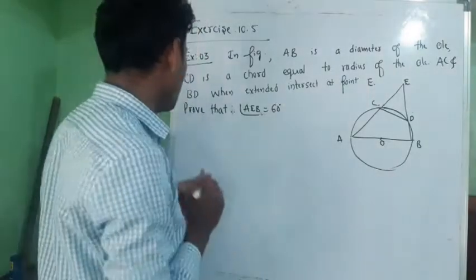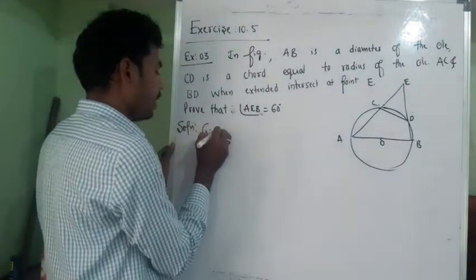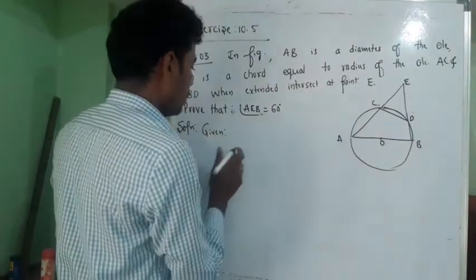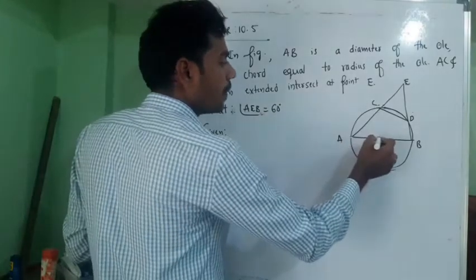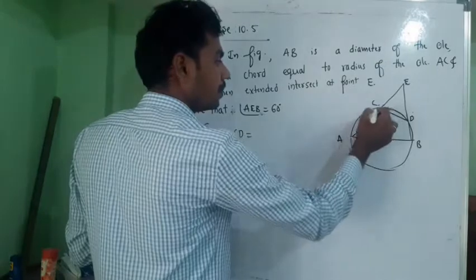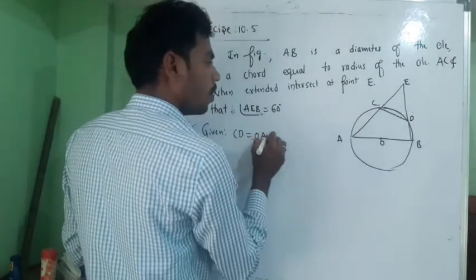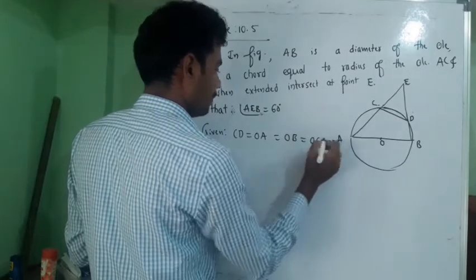Now, we'll write down what is given to us. It is given that CD is equal to OA is equal to OB is equal to OC is equal to OD.